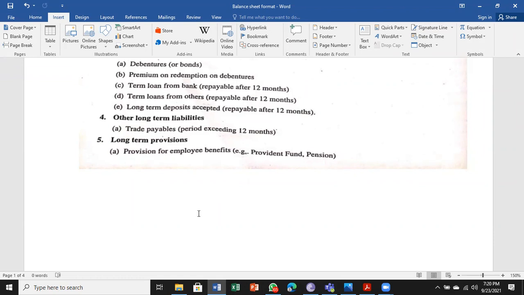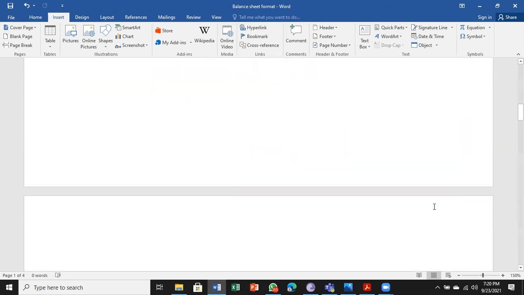If you have a time of more than 1 year, that is called other long-term liabilities. Then long-term provisions. Provisions are also created out of profits, like reserves and funds. Some money is kept aside for employees' benefit, like pension for them in the future, provident fund for them in the future. Like that, different provisions are created.